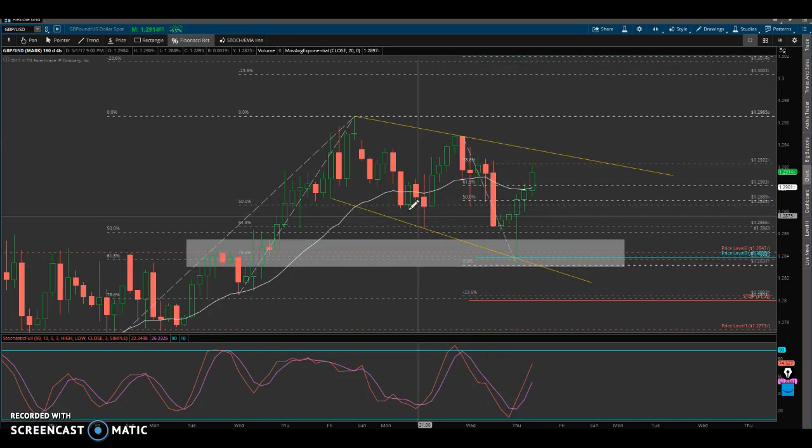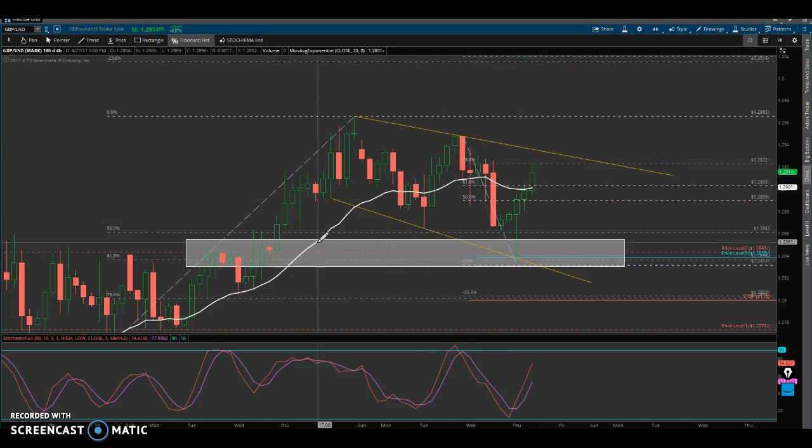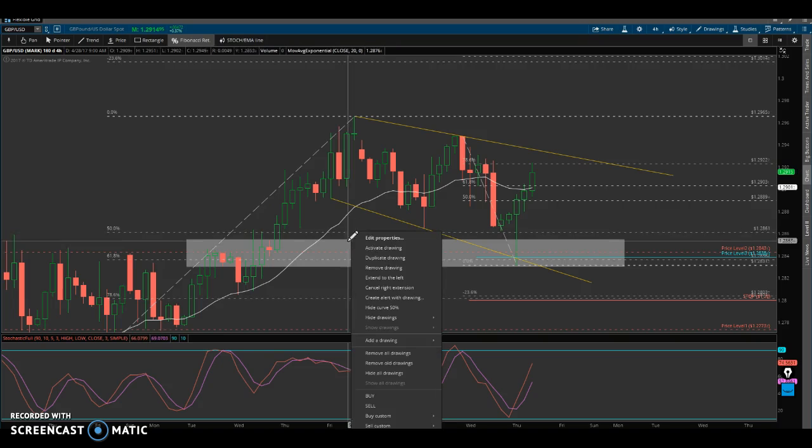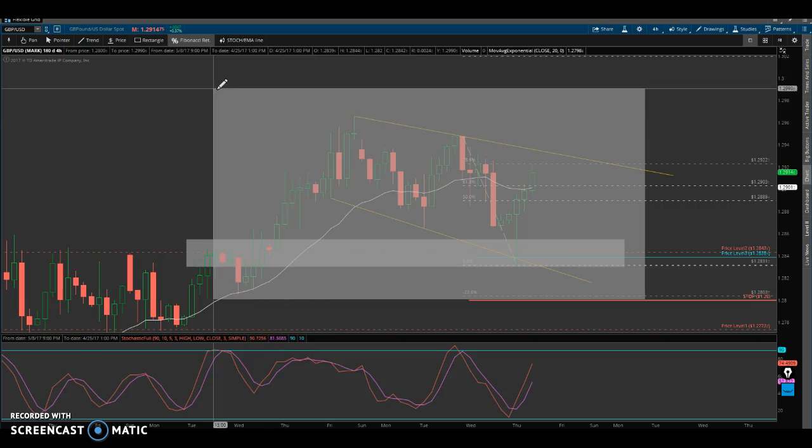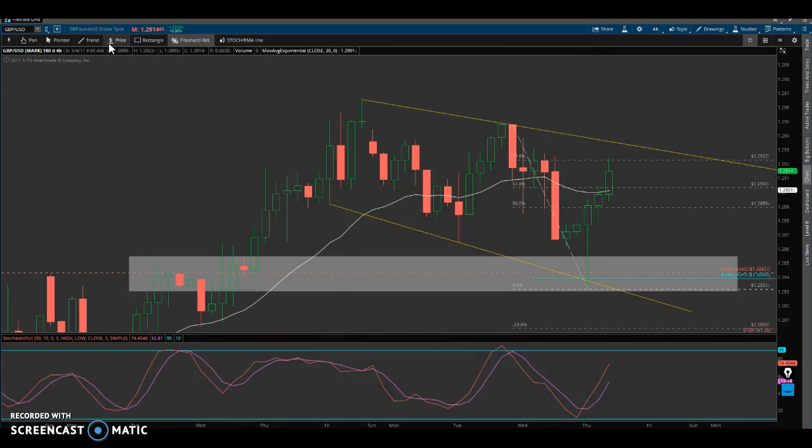I took the fib. Let me clean this up a little bit here. Don't need these larger fibs there right now. I had a couple of targets in mind that I was going to watch how price was going to react around. Somewhere up around in here, I had another little target, we'll just say about right there.